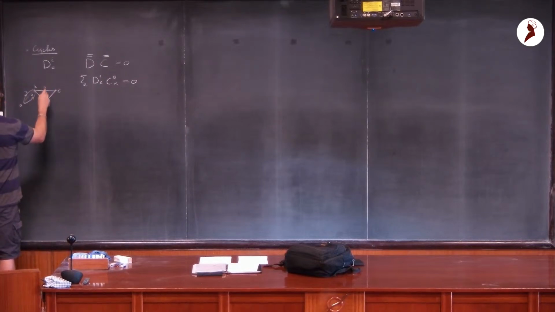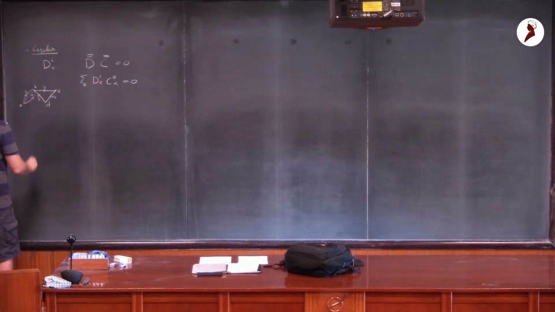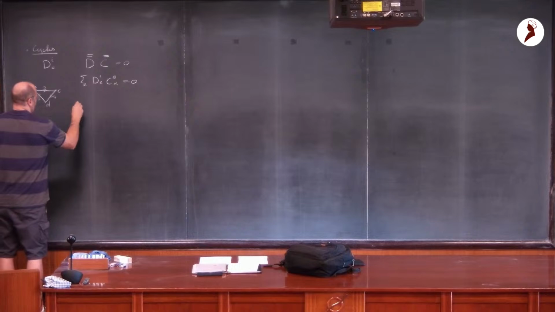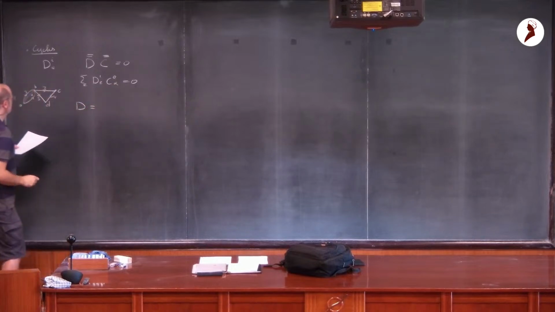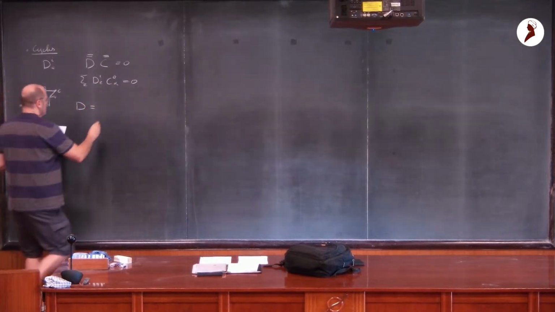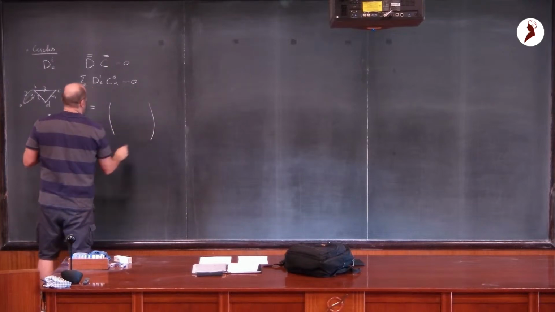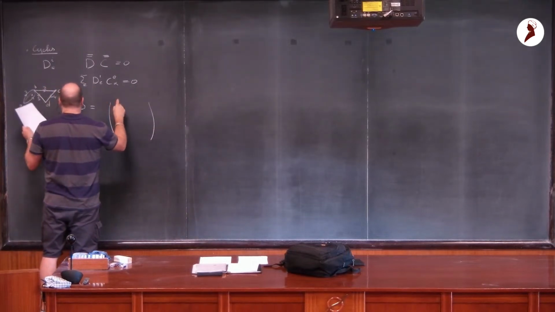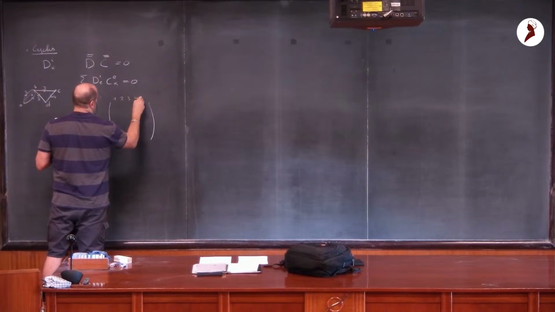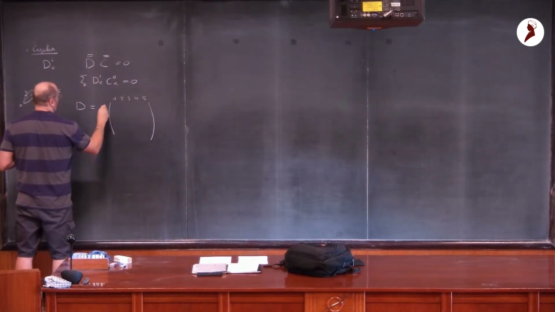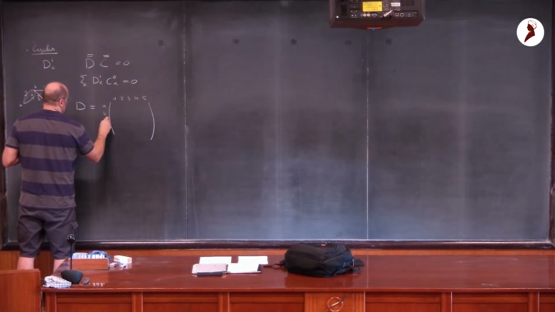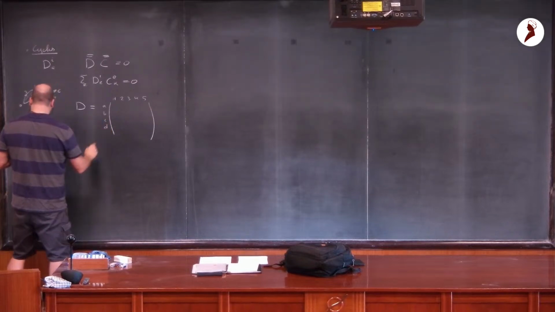These edges are 3, 4, 5. And I choose this orientation here. And now let's construct this incidence matrix. So we need to map edges 1, 2, 3, 4, 5 into nodes A, B, C, D. Okay?